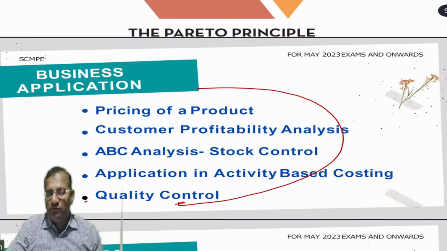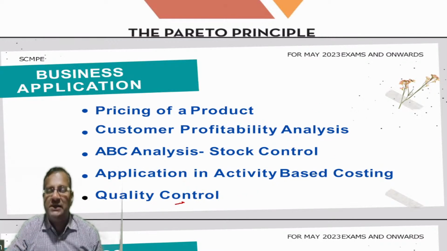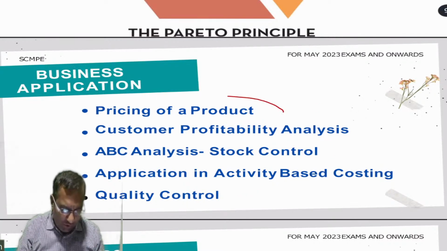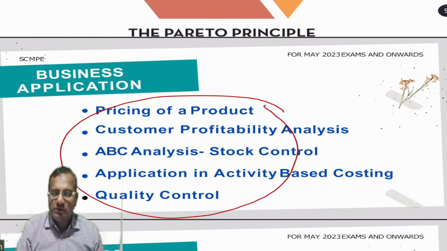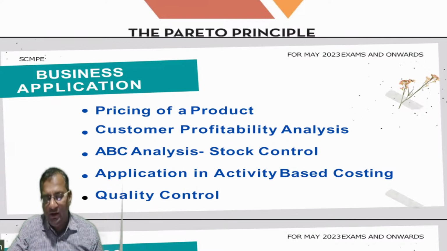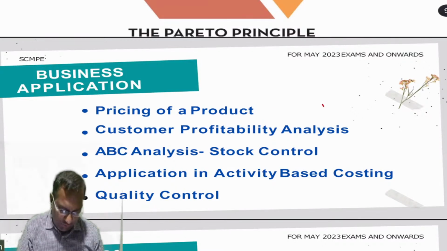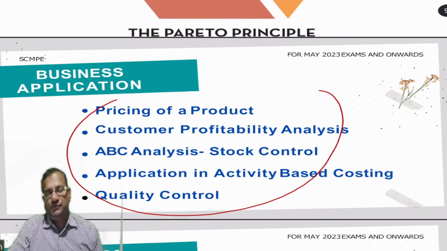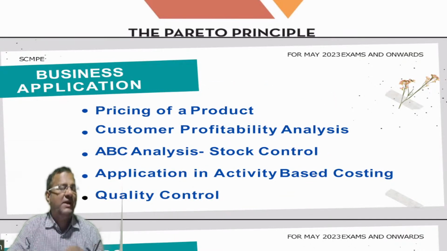Whenever a question is asked in your attempt regarding the business application, you cannot write any other point. For a CA Final student, for a question based on business application of Pareto analysis, there could be only these 5 business applications. While in reality there can be n number of business applications undoubtedly.